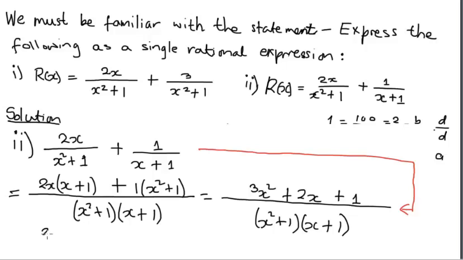Let's say 2x over x plus 1 multiplied by x minus 2. We are asked to determine the partial fractions which add up to this single fraction.